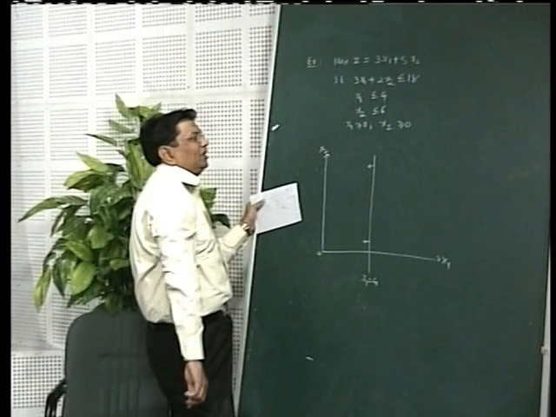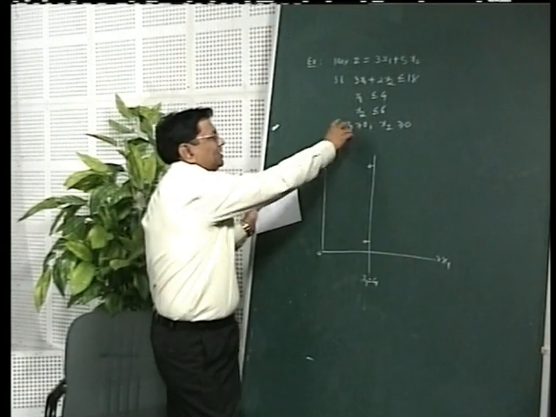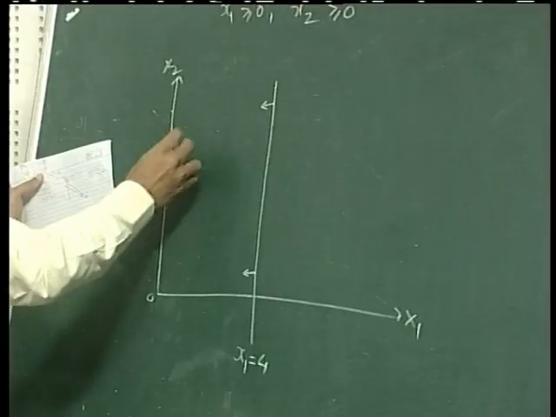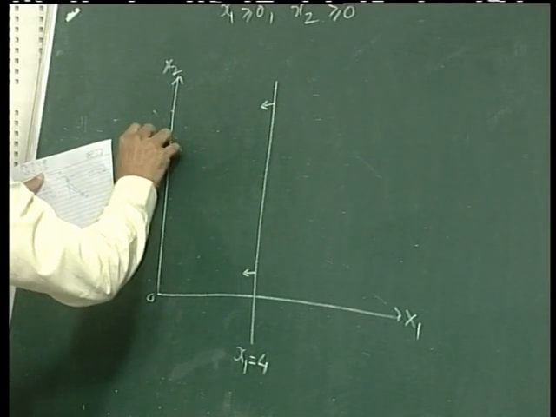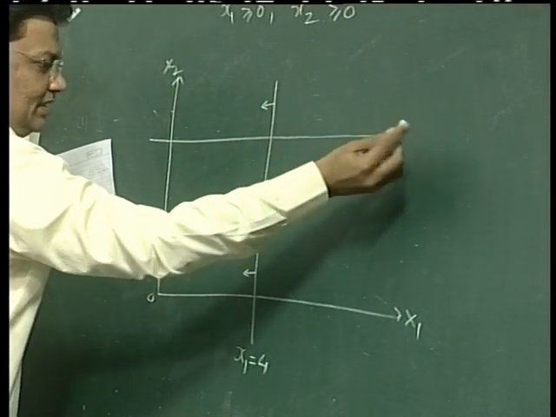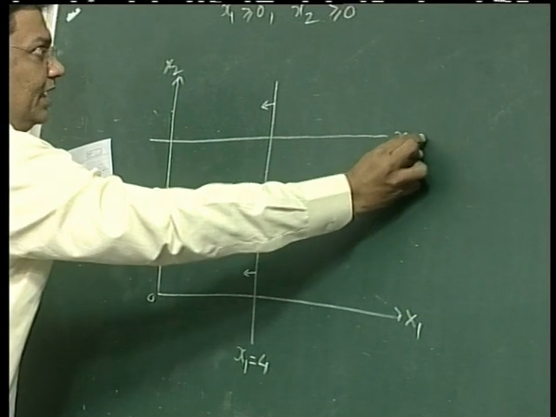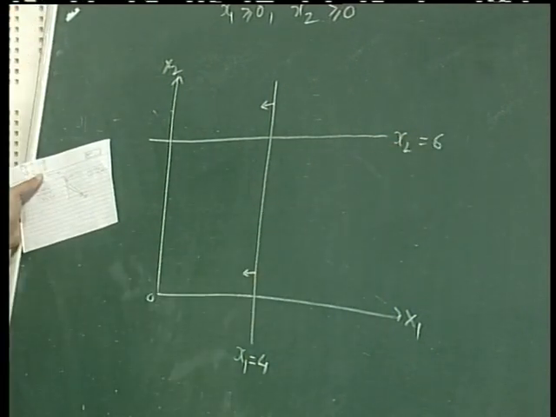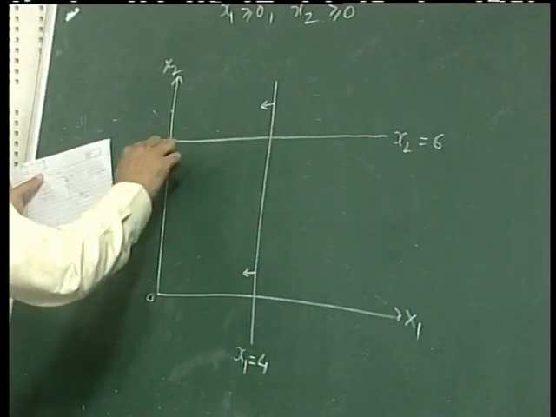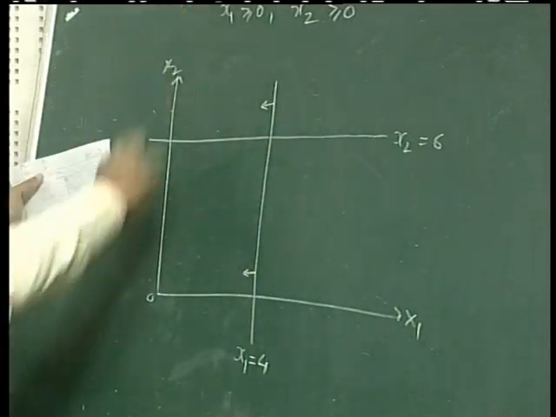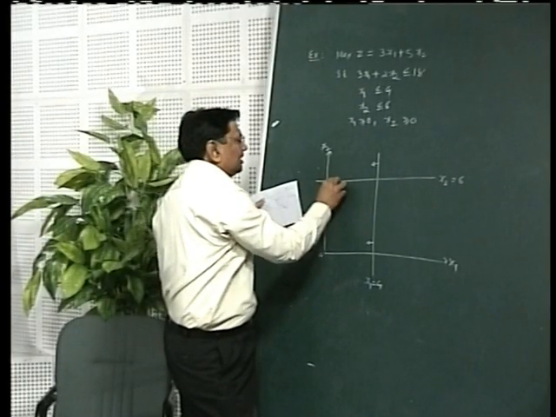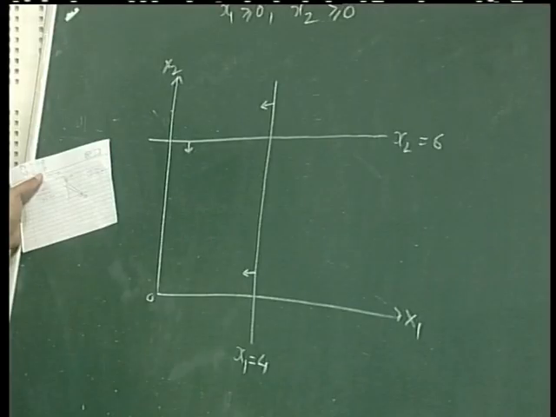Similarly, x2 less or equal to 6, we consider x2 equal to 6. This is my x2 variable. So here we have this line, x2 equals 6. And x2 less than or equal to 6 means below this line will be on this side.